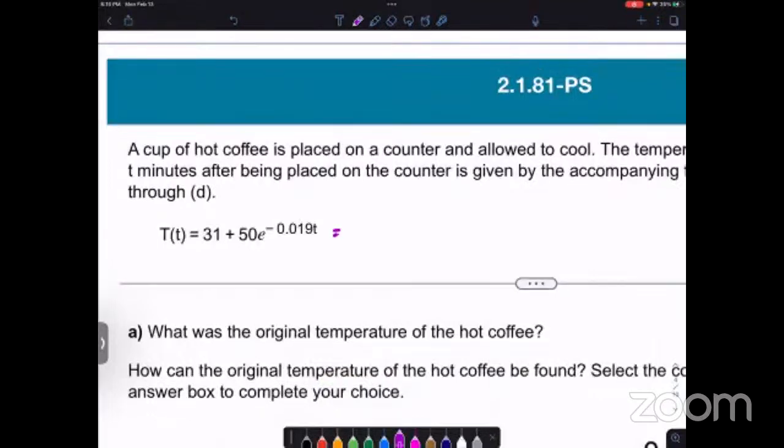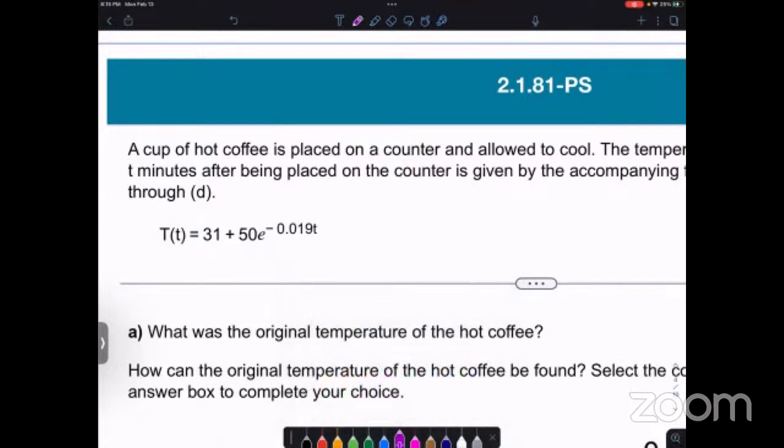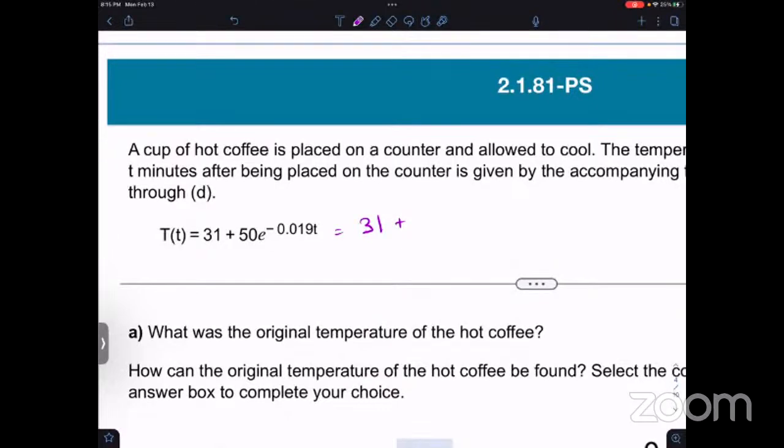So this should be the same as 31 plus, now that e to the negative power, I'm gonna move it to the denominator. Right? So e to the negative is going to be the same as e to the power of 0.019t under 50. Okay. So from there, as we let t run to infinity, this denominator goes to infinity.